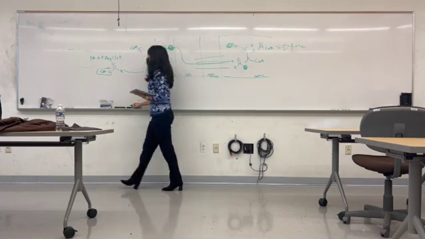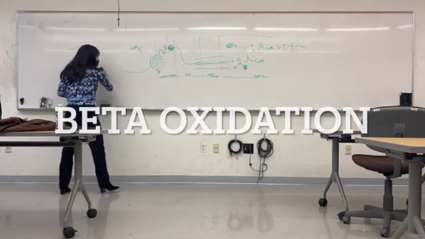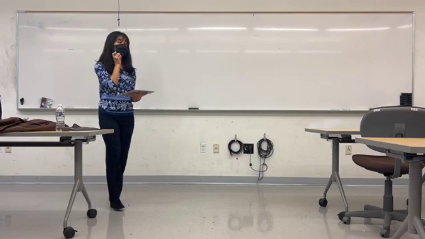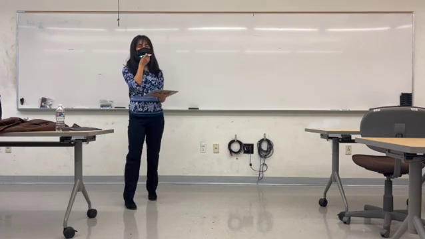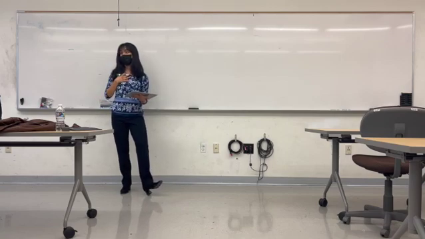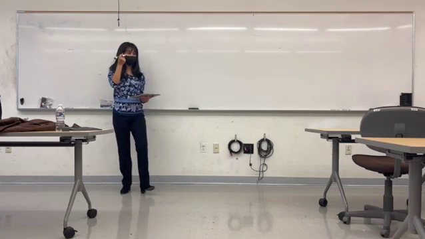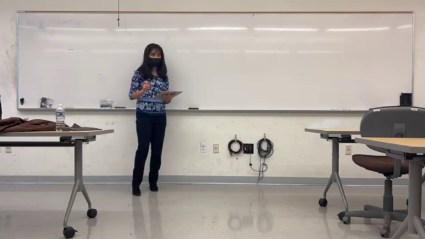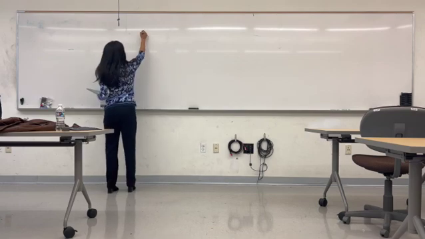Okay, let's do beta oxidation now. What are the steps? I have an easier way to show you this. If you want, you can memorize the slide, that's up to you. I'll show you the way I learned it to make it faster, okay? So I get the acyl CoA, right?